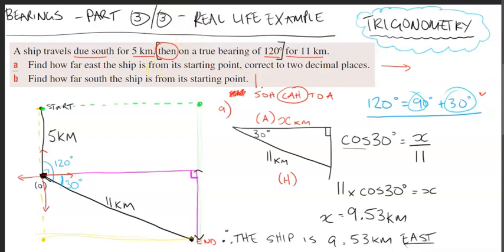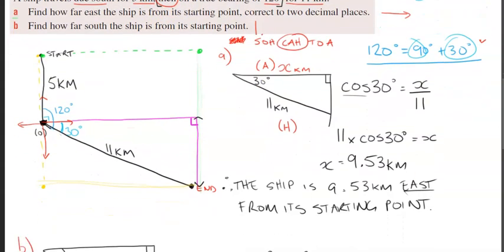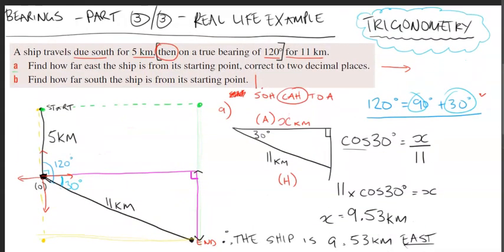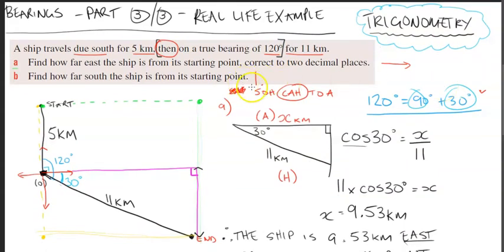So if a lot of this has kind of gone over your head, as long as you can at the end of this bearings topic be able to somehow, some way apply a trigonometric function to a bearings question, regardless of whether it's wrong or right, then you're doing most of that work there.